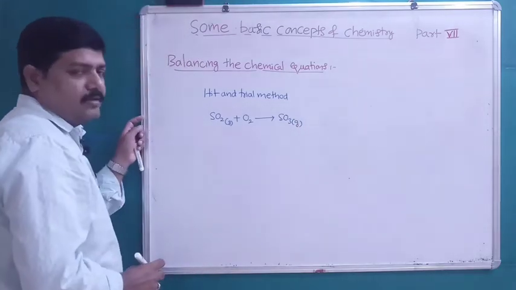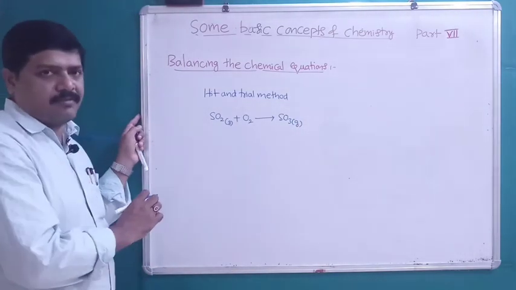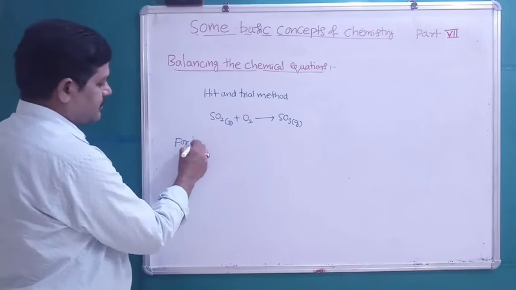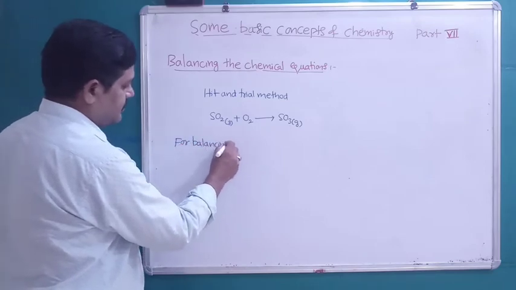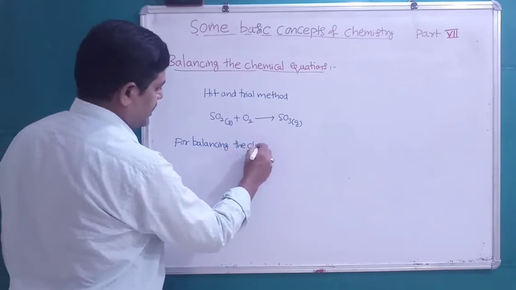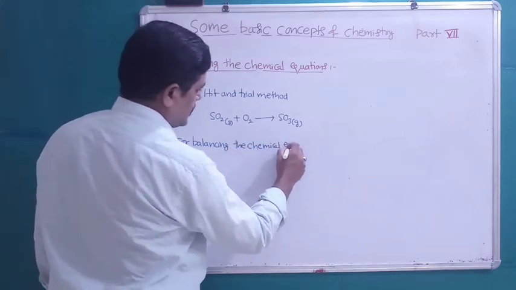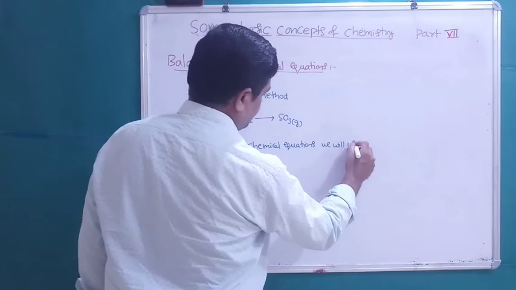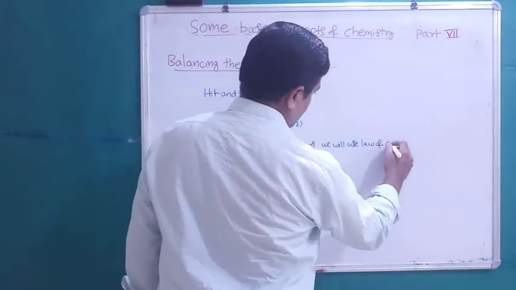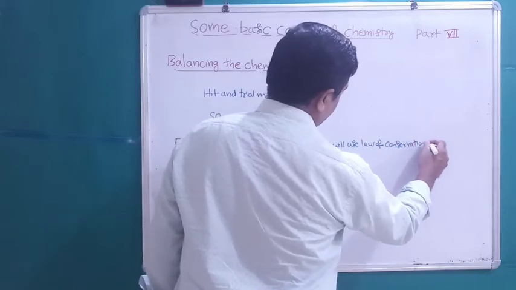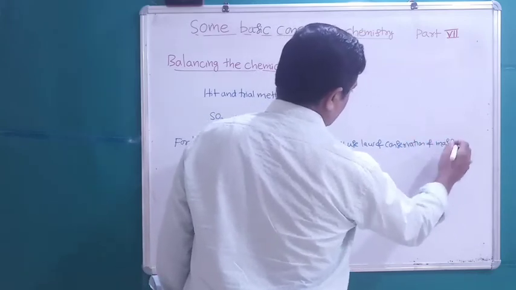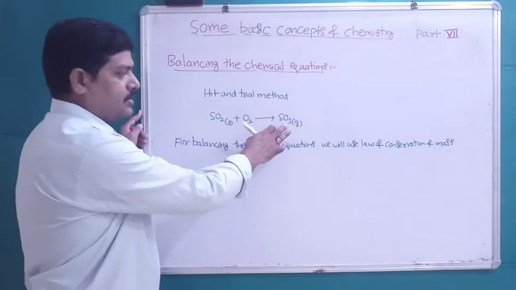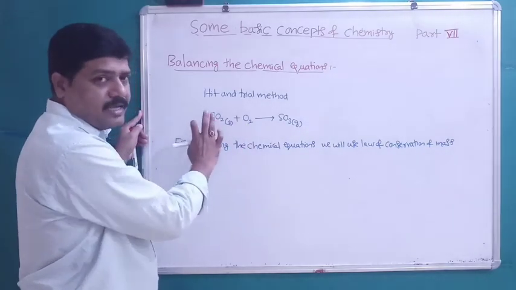Right? Generally, when we are balancing the equations, we will use the law of conservation of mass, which says that in a chemical reaction the total mass of the products is the same as the total mass of the reactants, right?